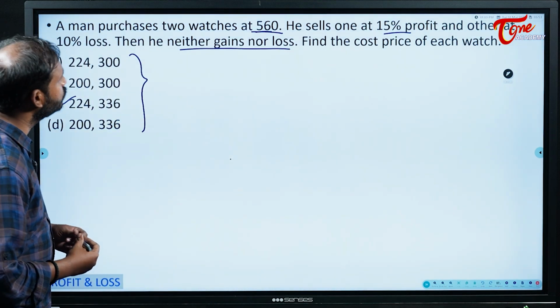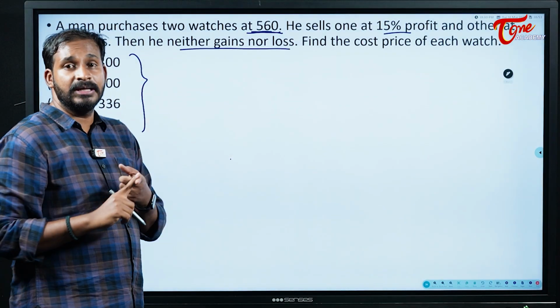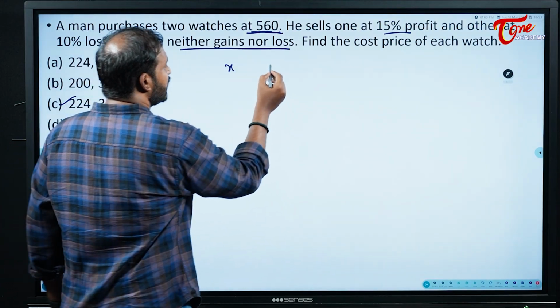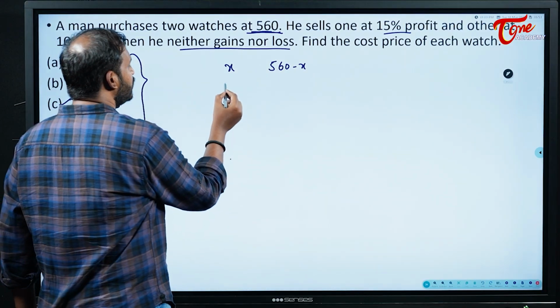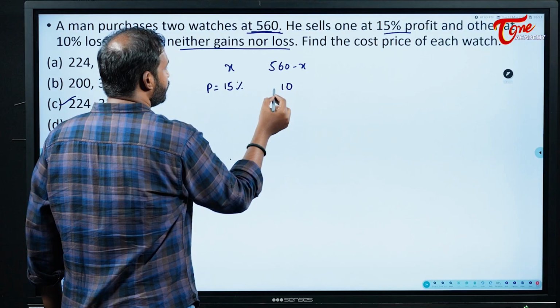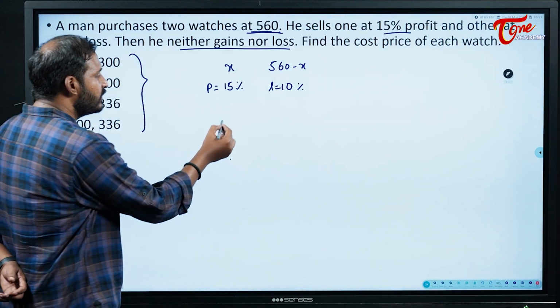Now, a man purchases 2 watches for 560, right? The combined cost price is 560. I will assume one watch costs X and the other obviously will become 560 minus X. I will think that on this he is getting a profit of 15% and on this a loss of 10%. So what can I write now?